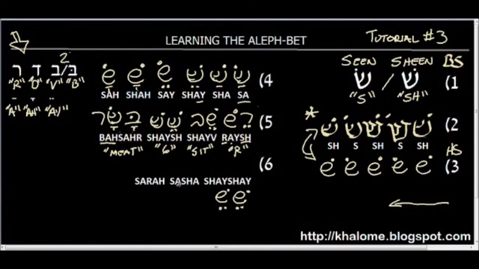Sasha would be kind of equivalent to that. We could start with a sin dot to the top left. I'll use a pata in this case, and then sha will use a sheen dot to the top right, and then a pata, and Sasha.